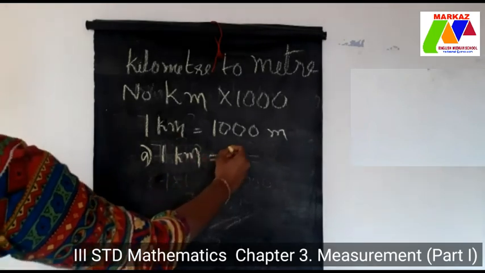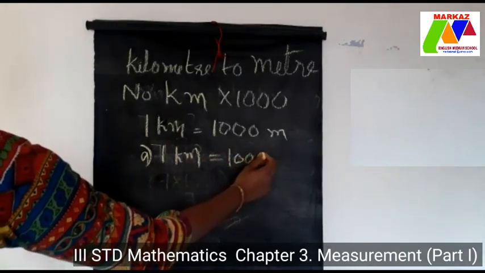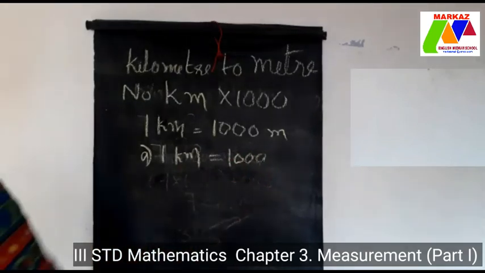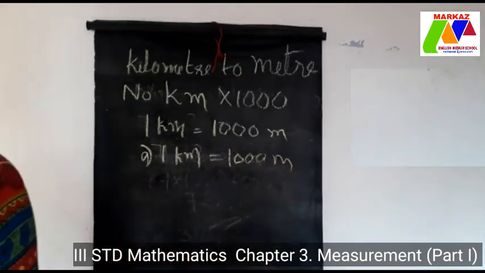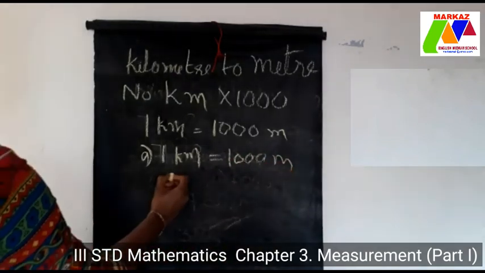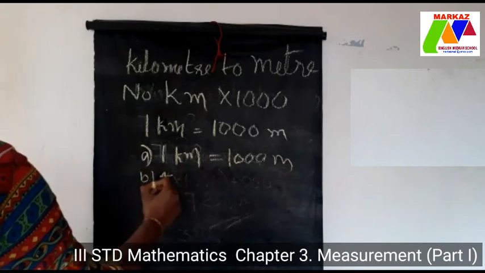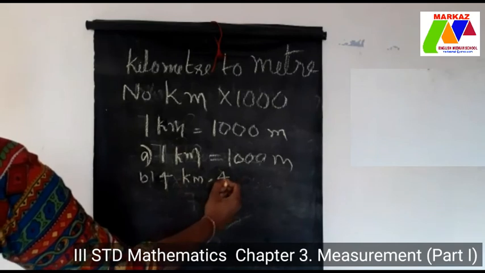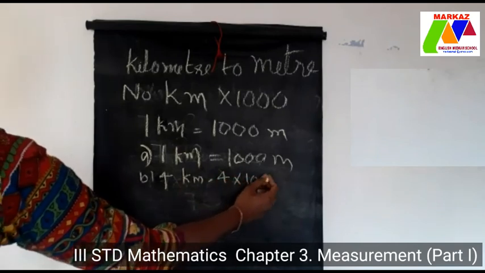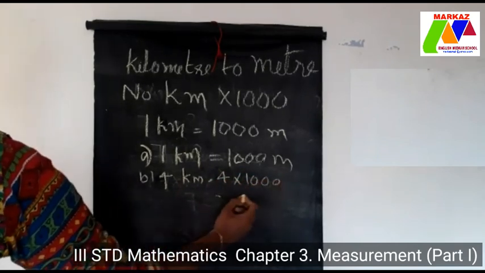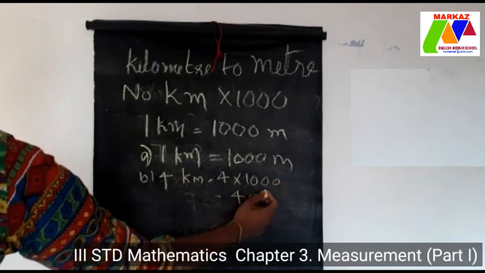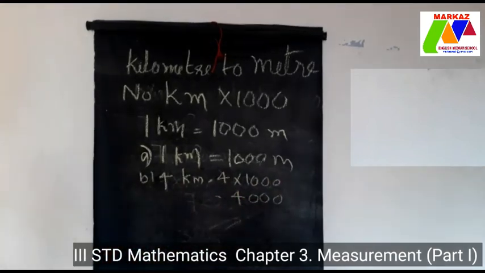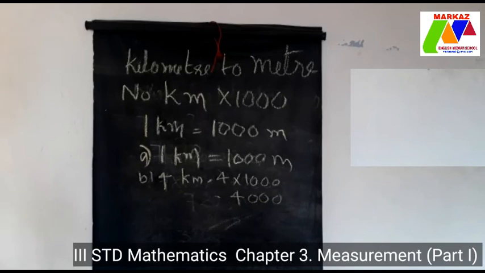So, we already did it and the answer is 1000 meter. Okay. So, the next one, 4 kilometer. So, 4 into 1000 is equal to 4000. Now the next, please do by yourself.